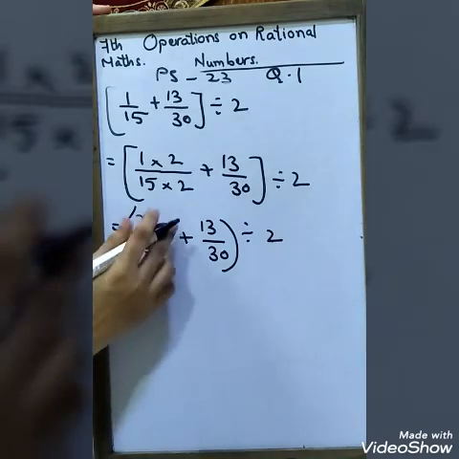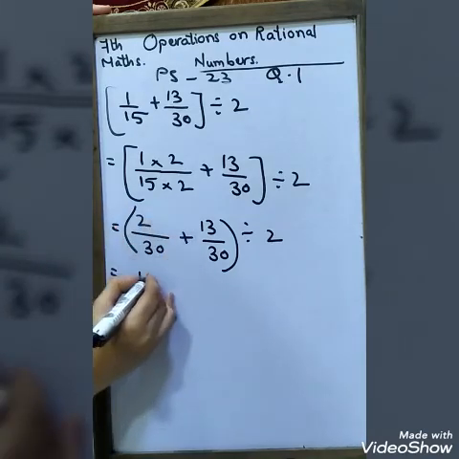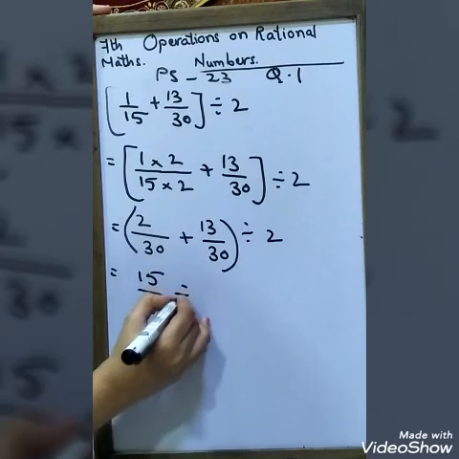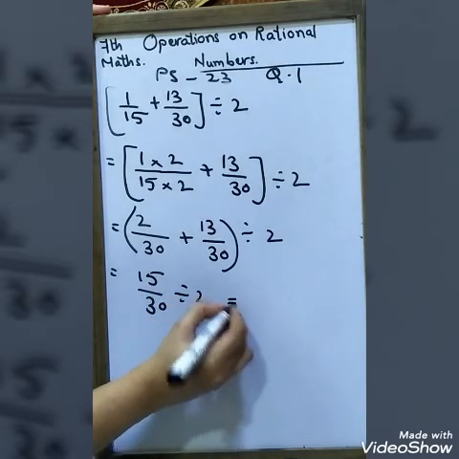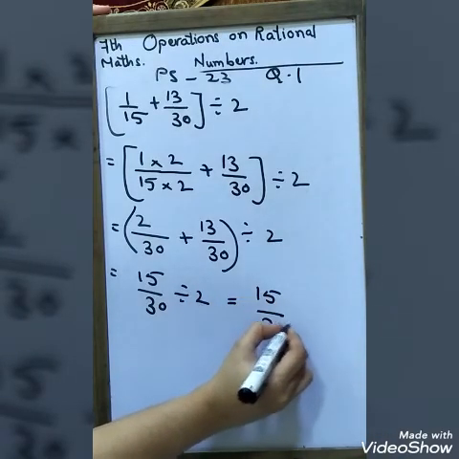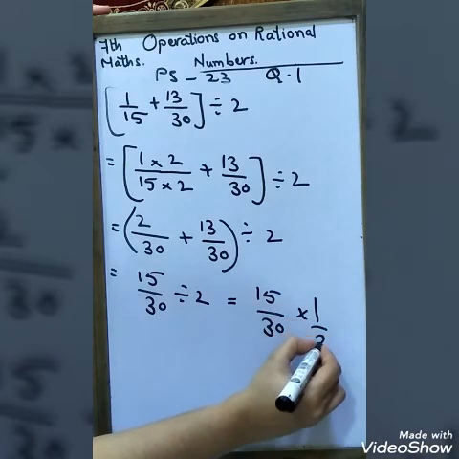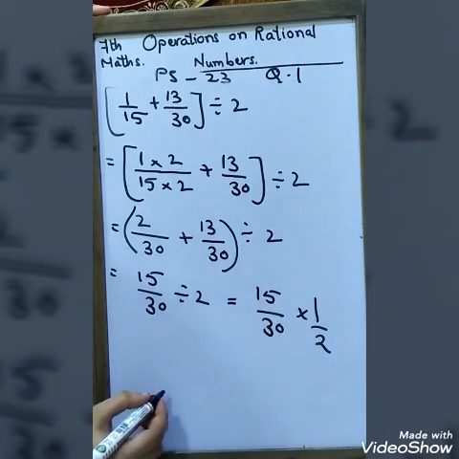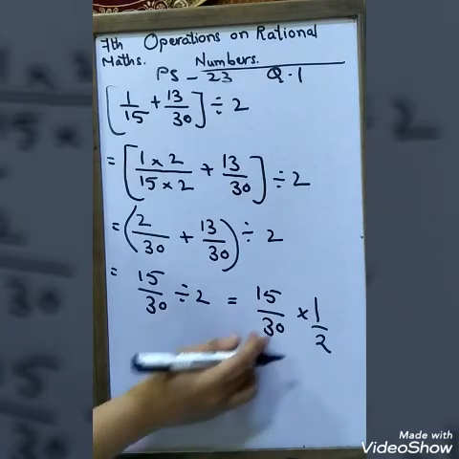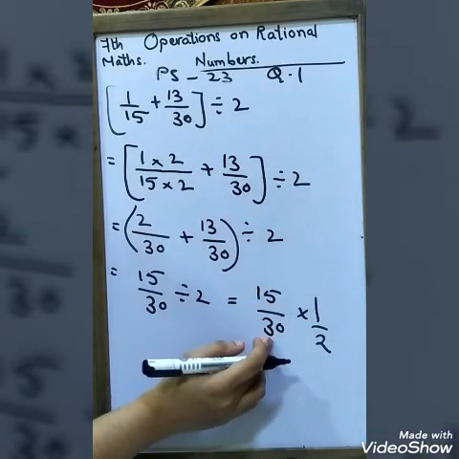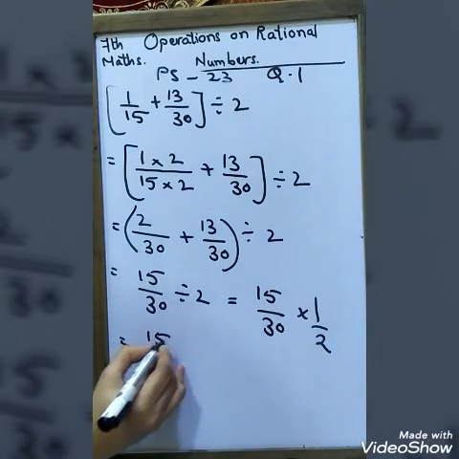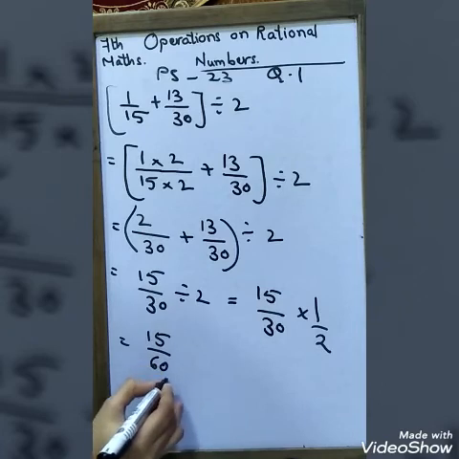So it will be 13 plus 2, it's 15 upon 30 divided by 2 is equals to 15 upon 30 into 1 upon 2. So here it will be 15 ones are 15 and 30 twos are 60. So it will be 15 upon 60.